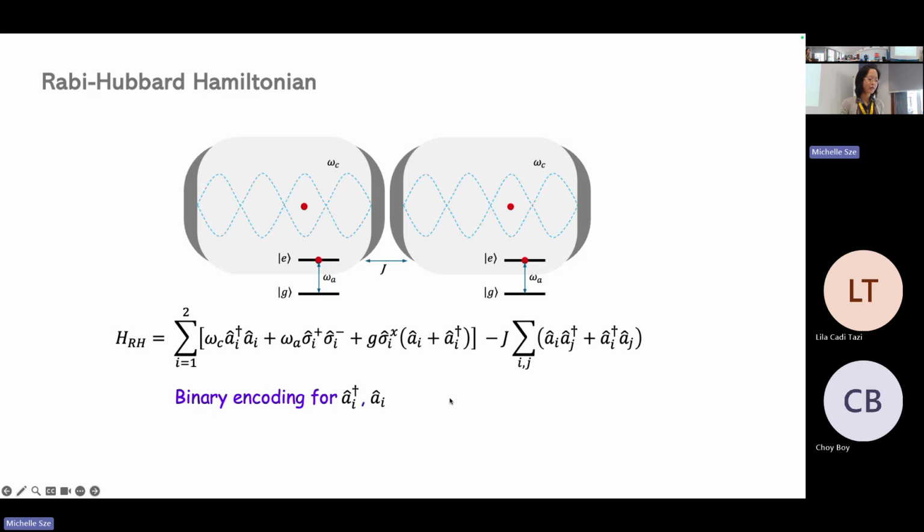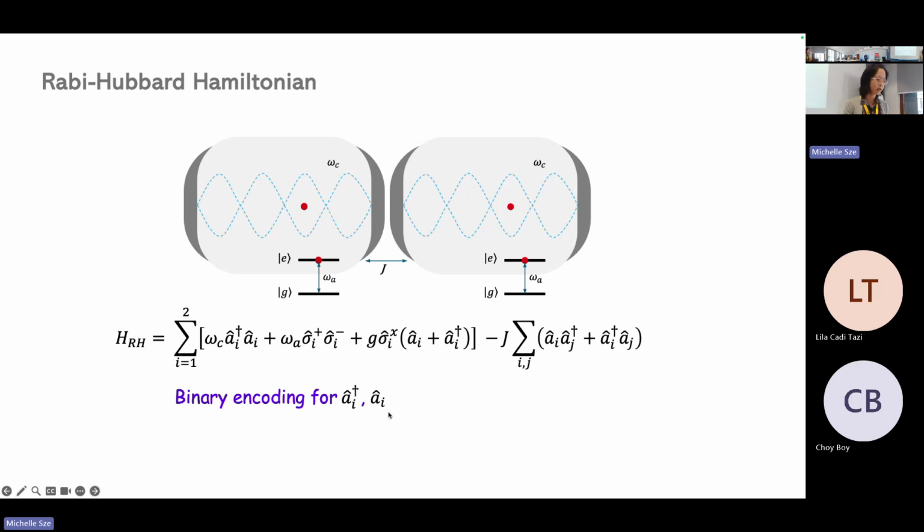And since the cavity is considered to be a photonic system, in principle it can go as high as 100 modes, since you can consider it as a boson, so it can really go up.